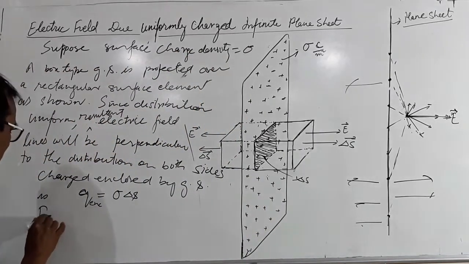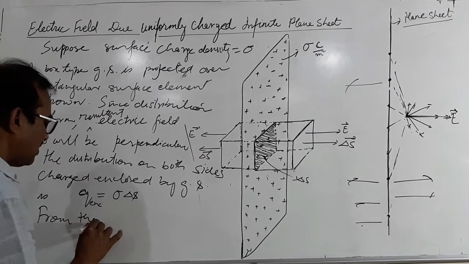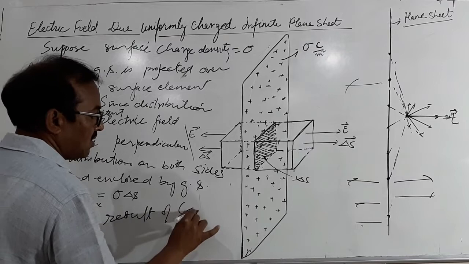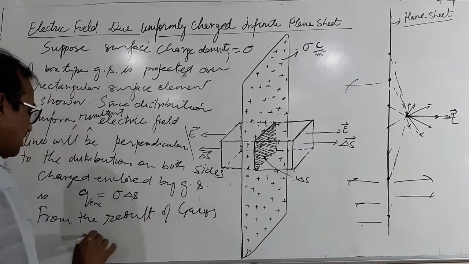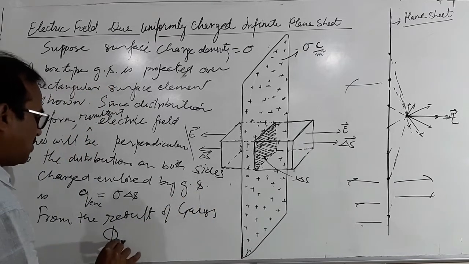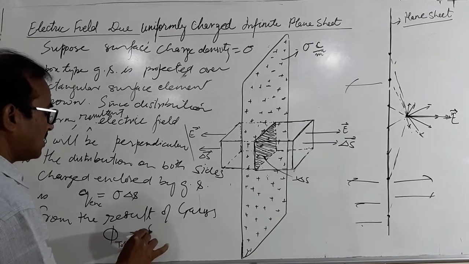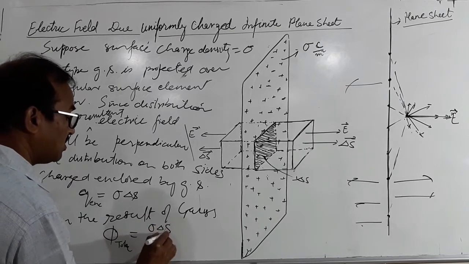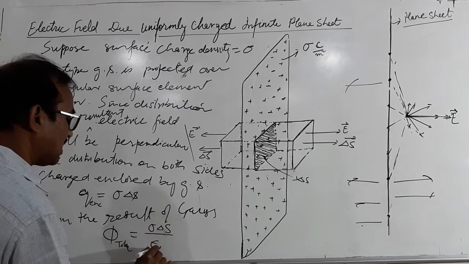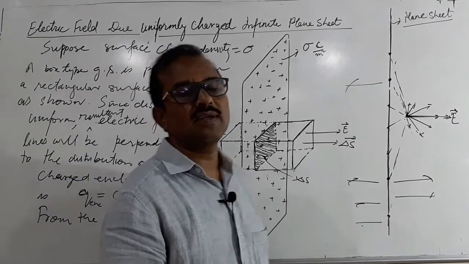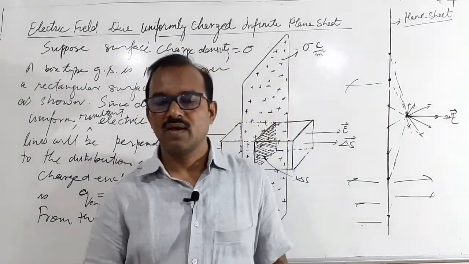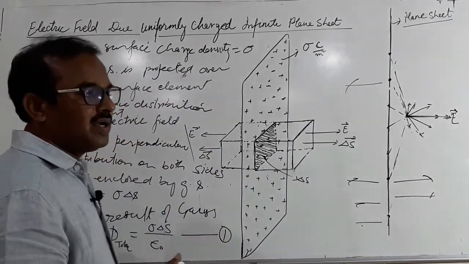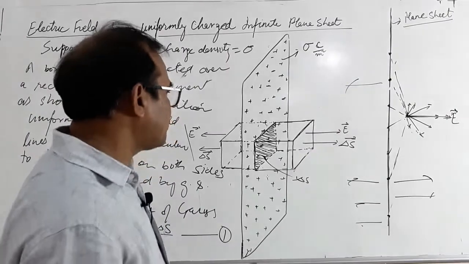From the result of Gauss law, the total flux phi total is sigma delta S divided by epsilon naught, if the sheet is kept in free space. This is the total flux, written according to Gauss law.